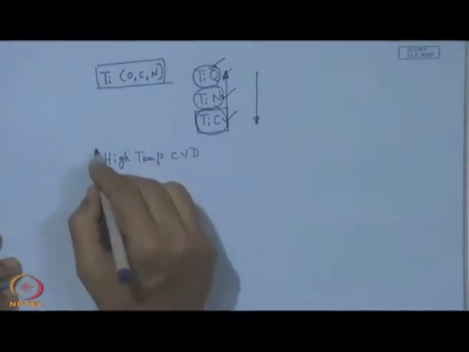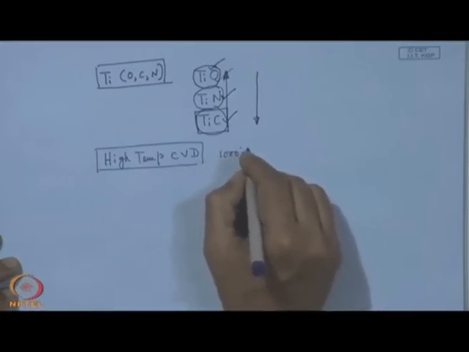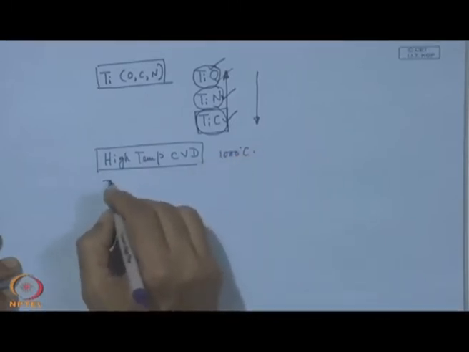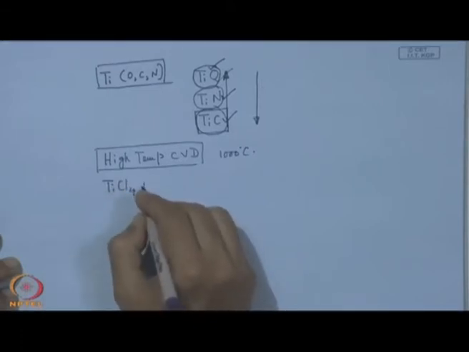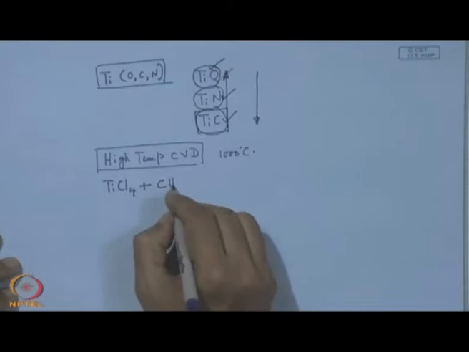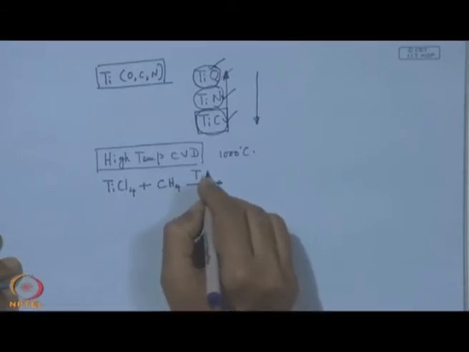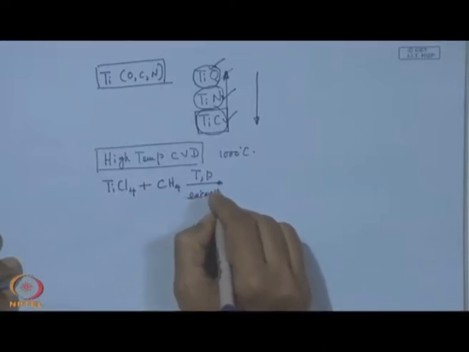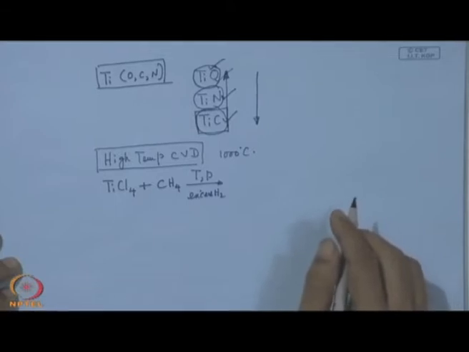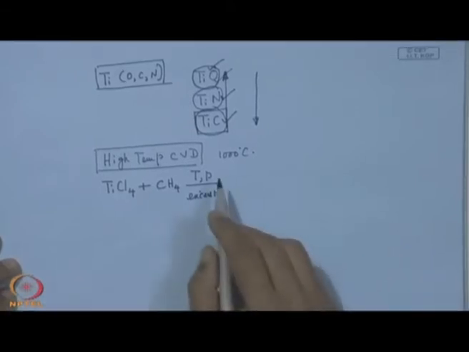This high temperature means around 1000. Here the basic reaction can be illustrated by this equation: TiCl4 plus CH4, with temperature, pressure and excess H2 as carrier gas, and also to prevent reversal of the reaction.